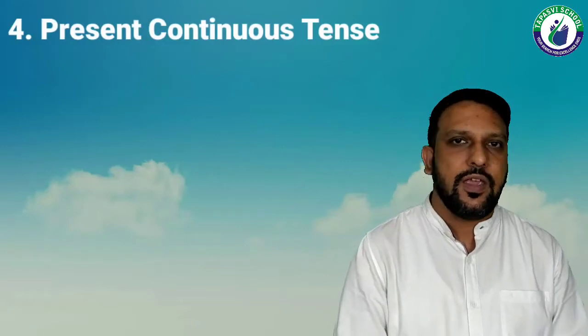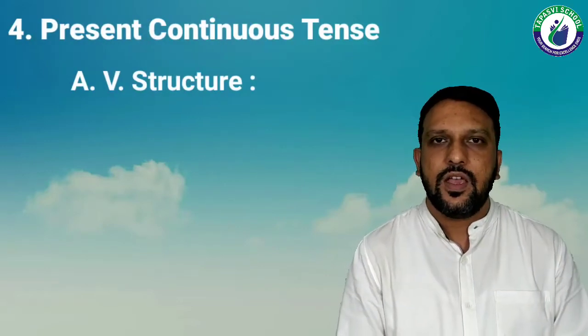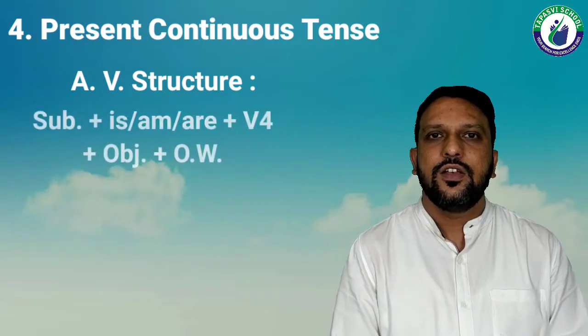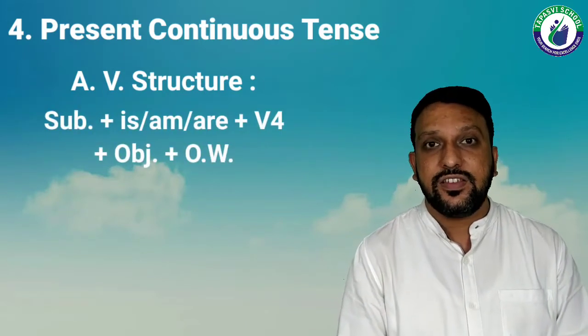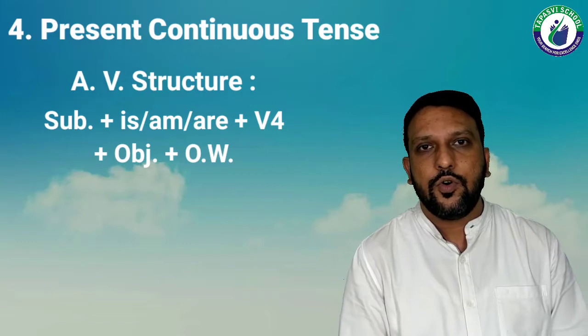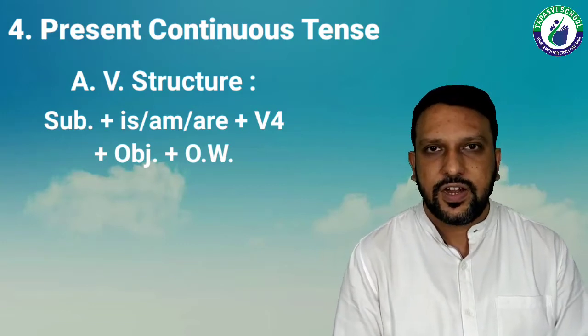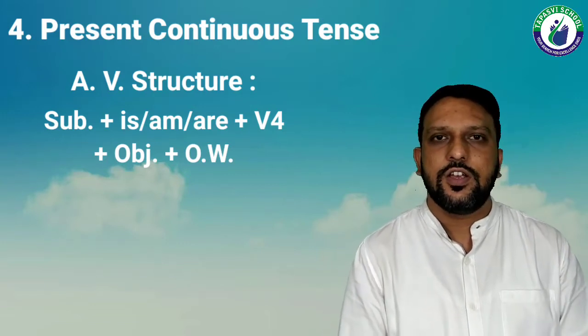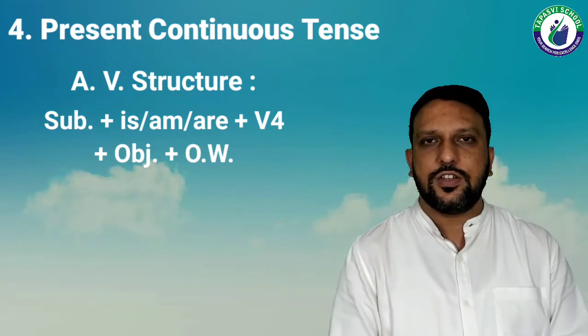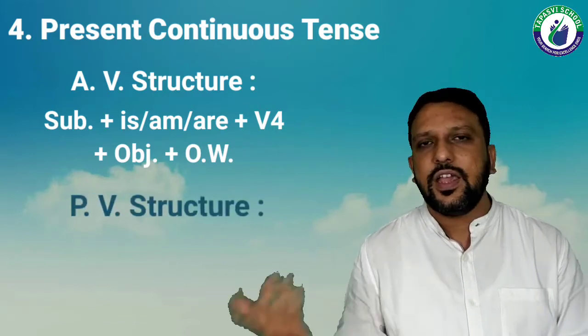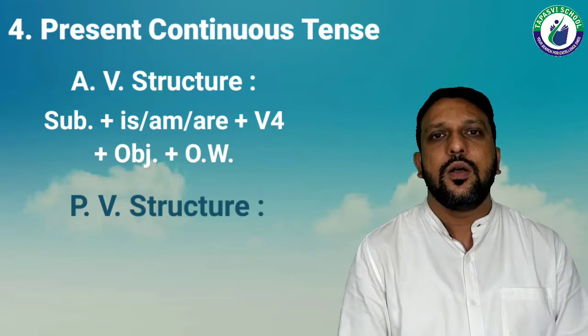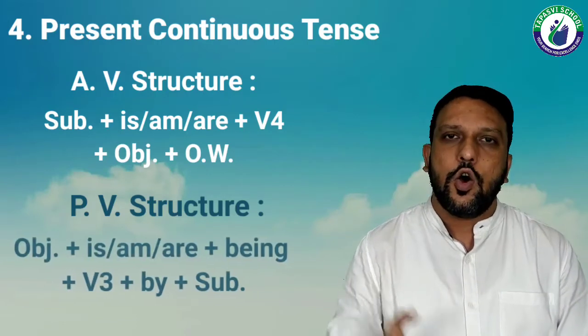Now let's come to the fourth tense, that is present continuous tense. Let me give you the active voice structure for the same. Active voice structure is subject plus is/am/are plus V4 plus object plus other words. This is the active voice structure, students. Now let me quickly give you the passive voice structure for the present continuous tense.